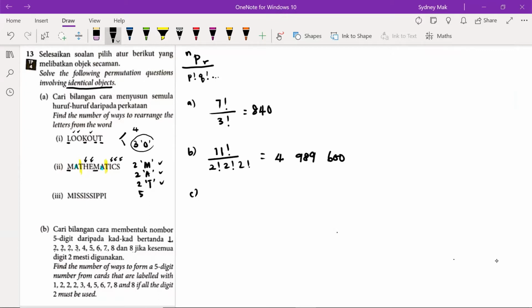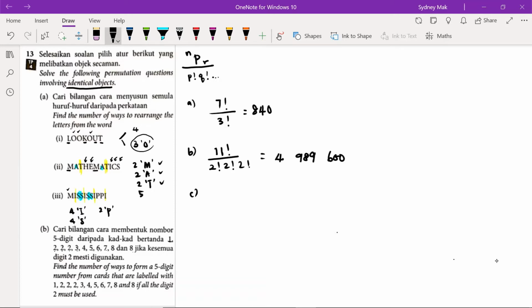And part 3, MISSISSIPPI. We have 1 M. For I, we have 1, 2, 3, and 4, so 4 I's. For S, we have 1, 2, 3, and 4, 4 S's. And for P, we have 2 P's.